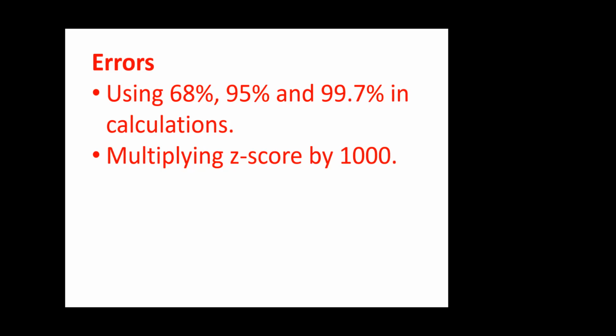So I think we need to spend more time using these probability z-score tables as opposed to just going through routine things. They did also do a lot of, here's the z-score, multiply that by 1,000, instead of, first of all, converting the z-score to the probability and then multiplying by 1,000. So they left out a step.